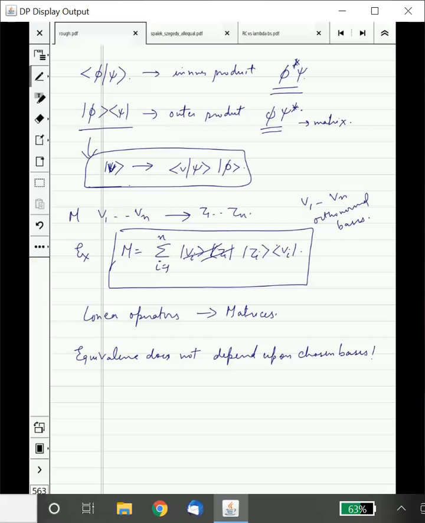So let's say that V has basis V1 to Vn, W has basis W1 to Wm. Then you just figure out what is MV1 to MVn and write them in terms of W1 to Wm, and that will give you a matrix representation of linear operator.